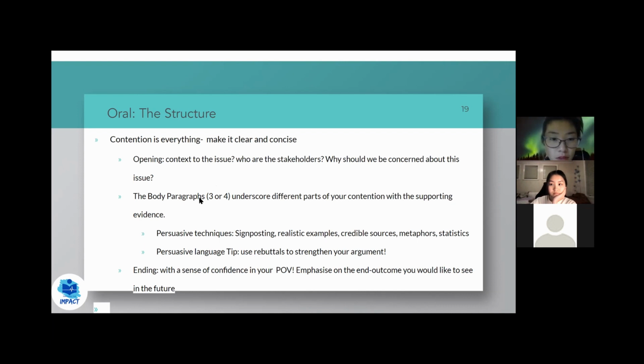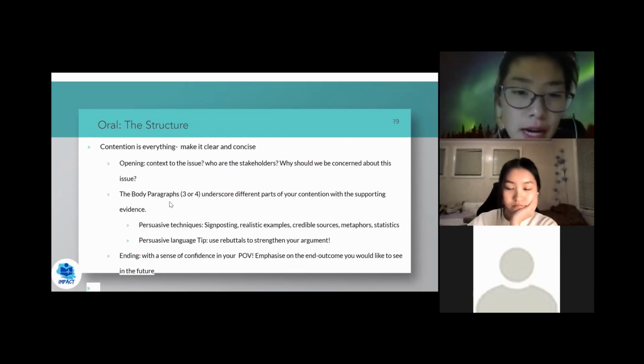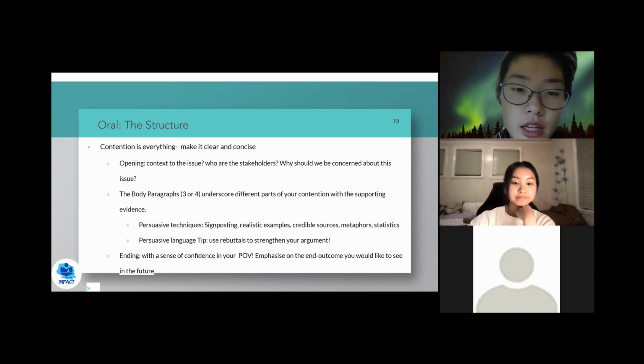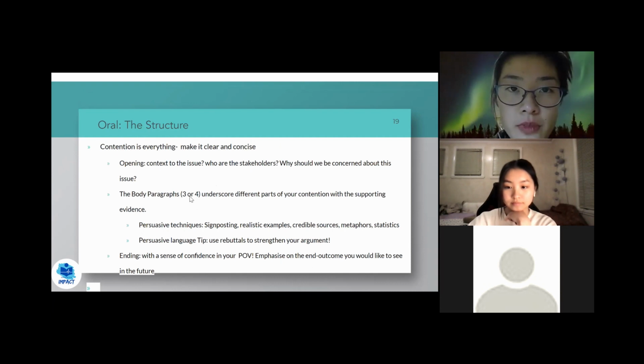And then the body paragraphs should not be too long, but just really supporting the argument in a logical way, so that each part is supporting a different part of your contention.